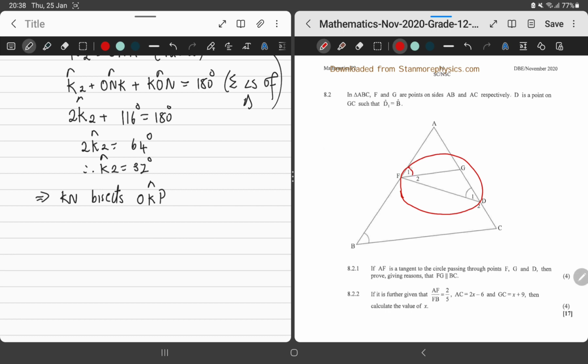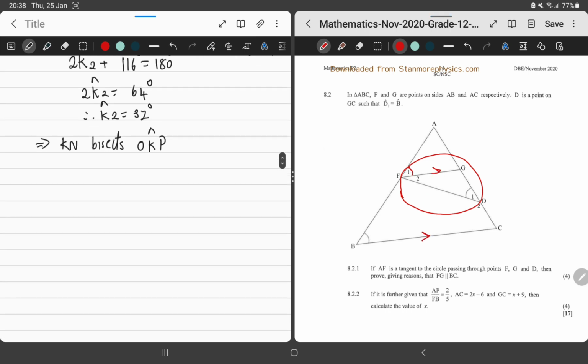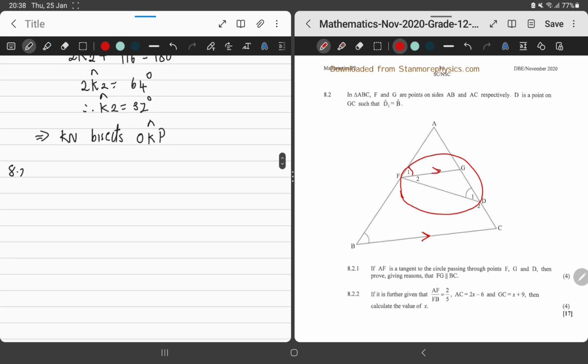So this will be the tangent, and that will be a chord. So this means that F1 is equal to D1 because of the tan chord theorem. And since D1 is equal to B, then B will be equal to F1. So this will be parallel to that. So 8.2.1, we are saying F1 is equal to D1 because of the tan chord theorem.